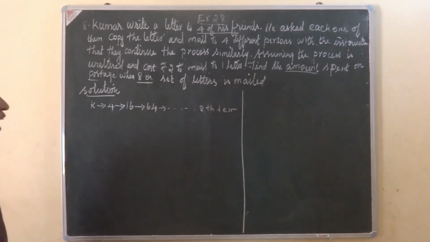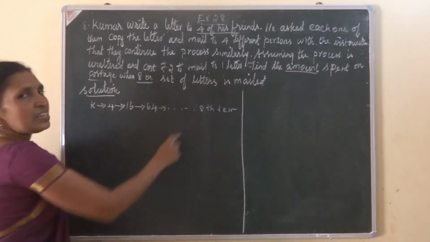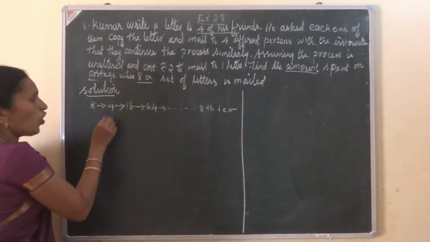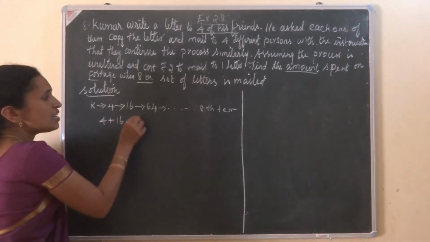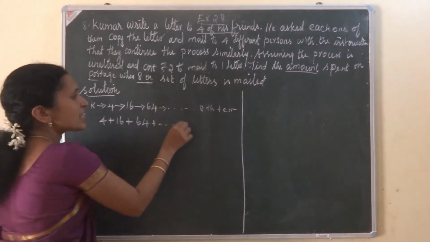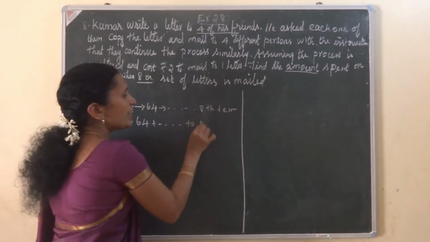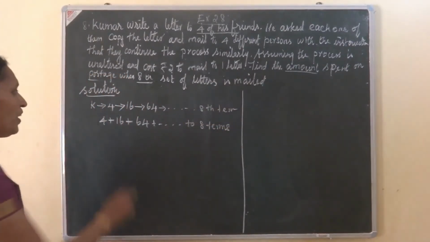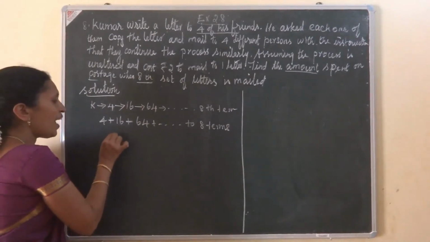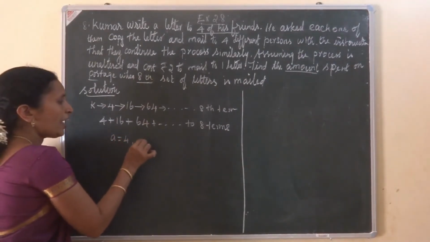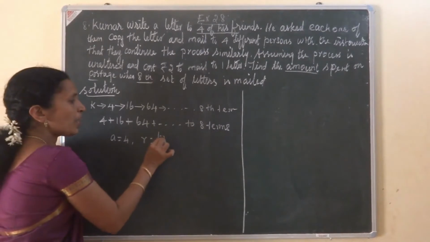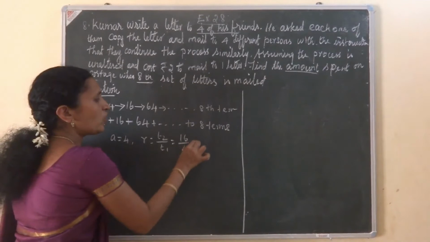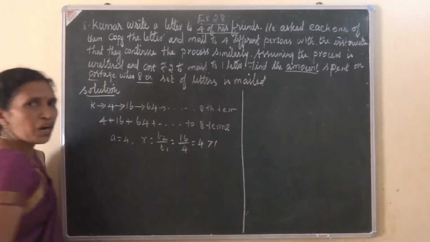Now if you write this in geometric series form, you will get 4 plus 16 plus 64 plus etc. to 8 terms. Do you understand? So in this series, what is a? a is 4, and r is T2 divided by T1, equal to 16 by 4, equal to 4, which is greater than 1.